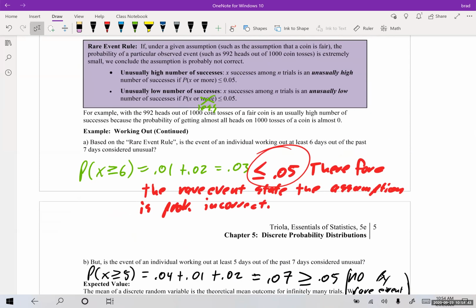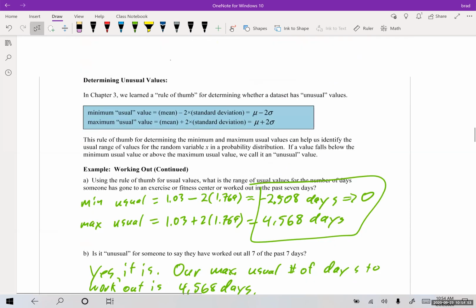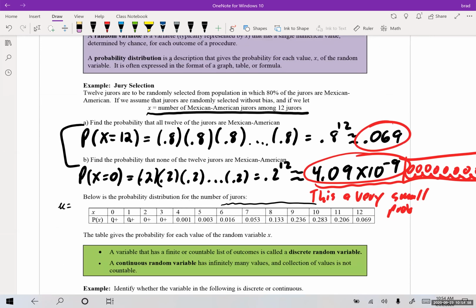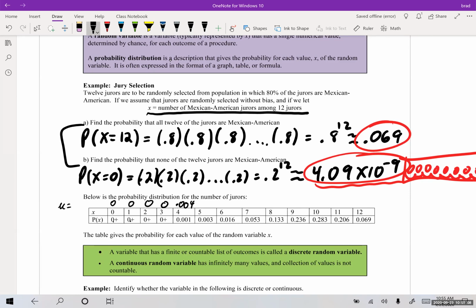Let me double check and make sure. I think I actually have it written down. Yeah, so what I'll do is I'll write it out for you guys right here. I'm not going to go through and do it all by hand for you. I'm just going to kind of show you what you would get. So this would be 0.004, 0.015. This would be 0.096. This would be 0.071.